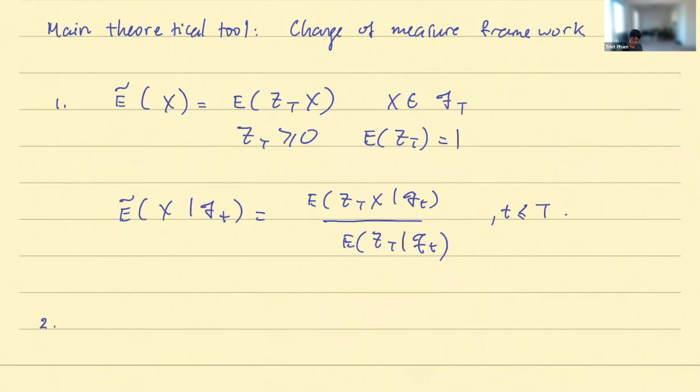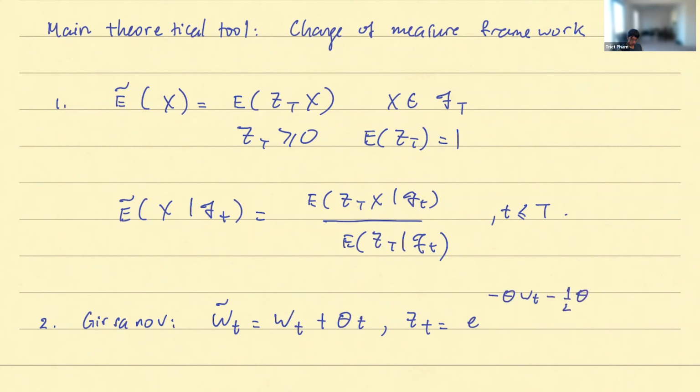Then comes the Girsanov, where it says that if you want W tilde t, which is W plus theta times t, then the change of measure kernel you want to use would be the exponential martingale associated with Wt.